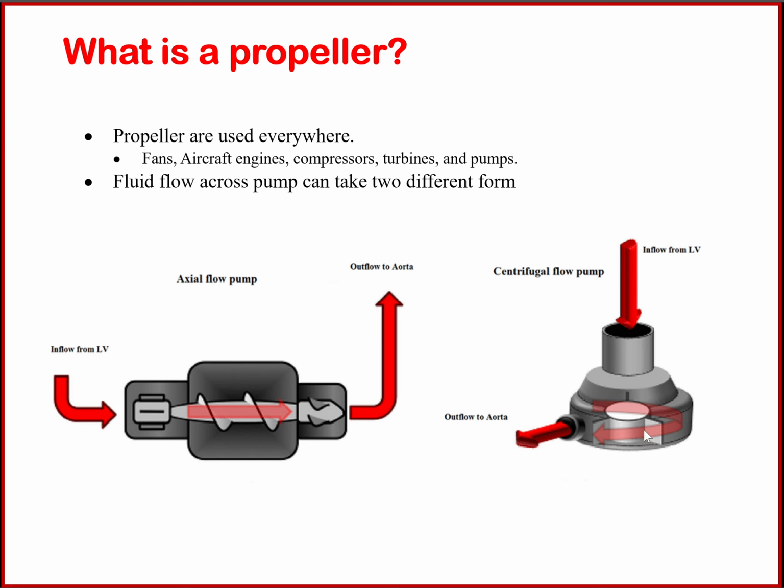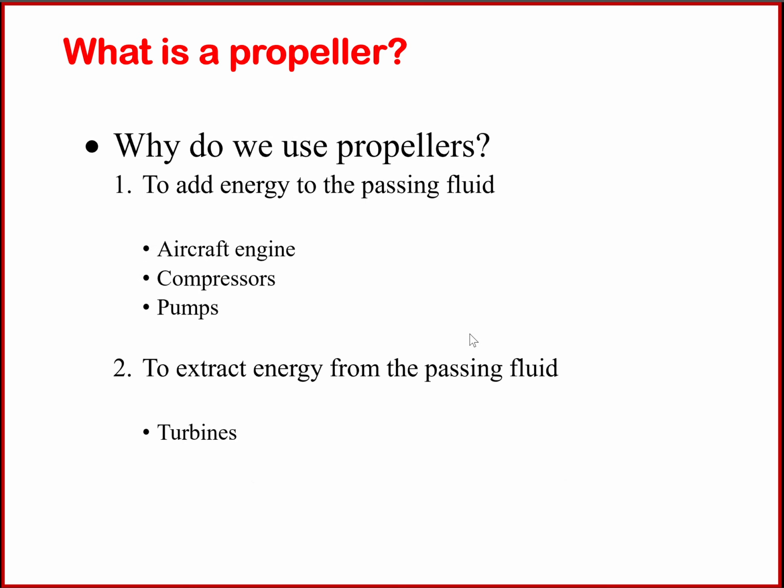The other one just adds energy to the flow so it can move to a further location. All of these are done by designing appropriate propellers for a pump, a fan, an aircraft engine, and a lot of different applications.